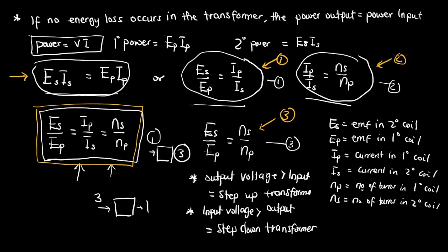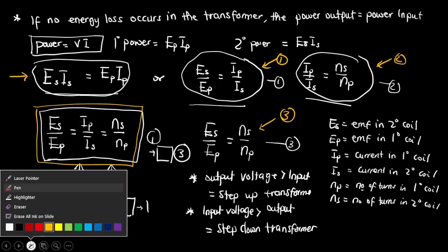We also say that if the output voltage is greater than the input voltage, that is a step up transformer. And then if the input voltage is greater than the output voltage, we call that a step down transformer. Now let me quickly draw what a step up and step down transformer looks like, and then we can continue from there.